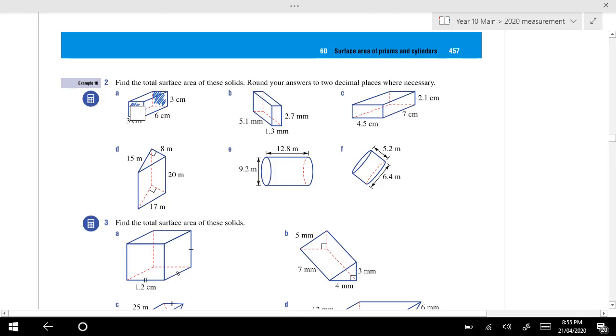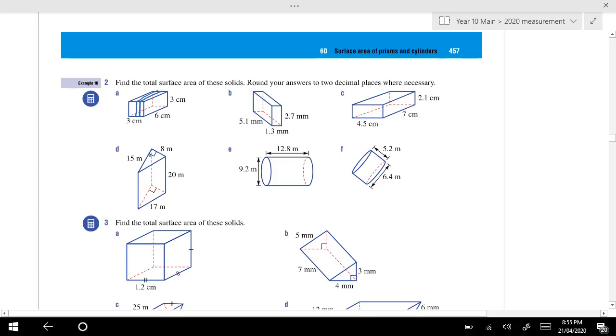But we can also use this as a cross-sectional area as well, because if I was to cut it this way, everyone would be happy if I gave everyone equal slices. So this one can be done like that.